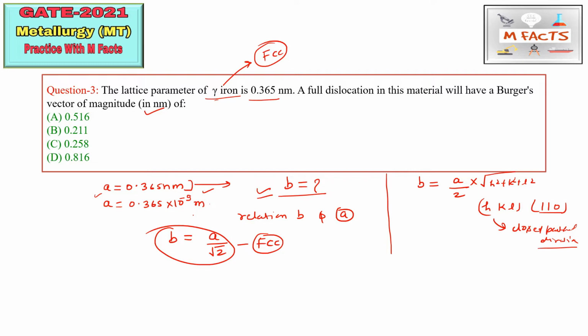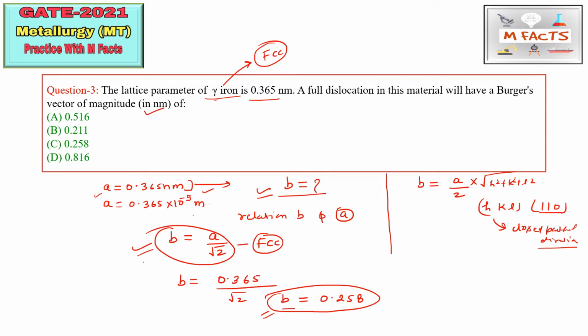So b equals a, and the a value is given, that is 0.365 divided by under root of 2. From here we can find the b value. b will be equal to 0.258. This is an easy question, but sometimes people make mistakes while choosing the formula.